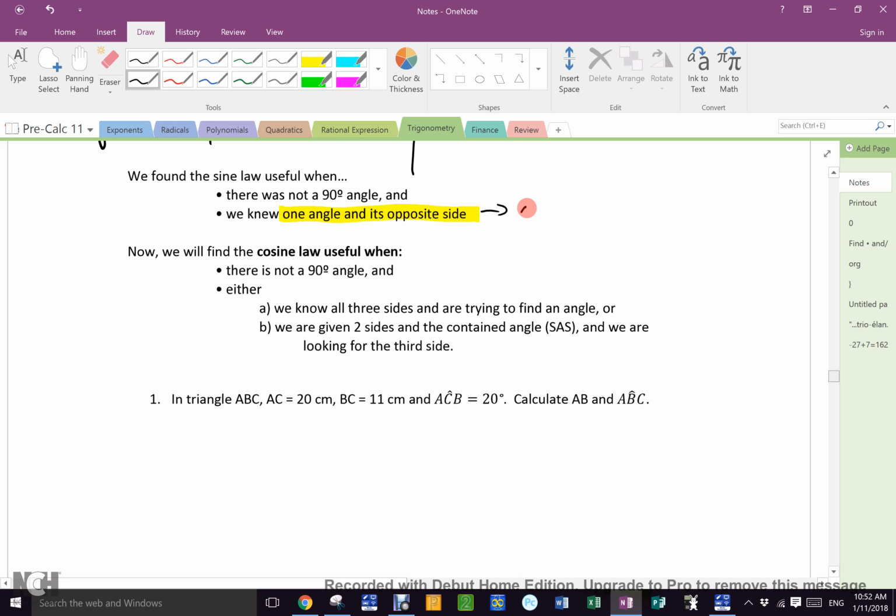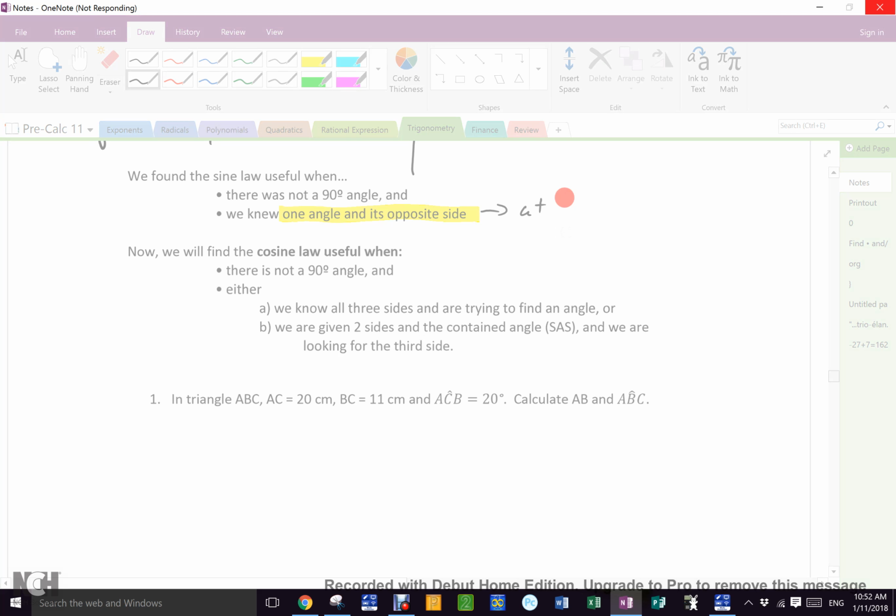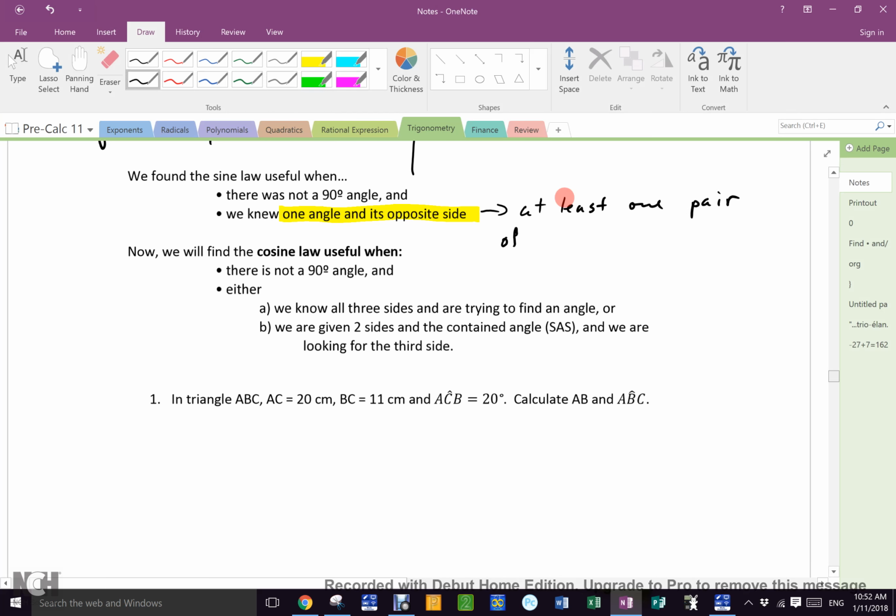You needed at least one pair of side and angle.